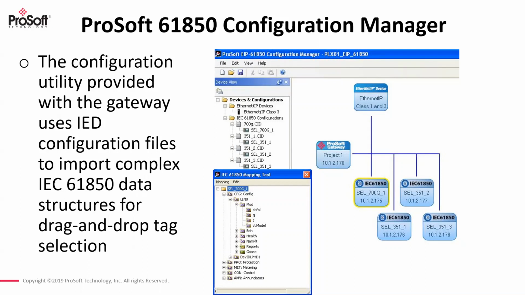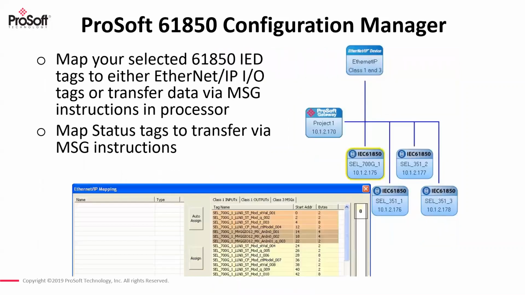If you think of it in regards to a Profibus network, these configuration files are similar to GSD files. And so these files provide the ability to tell a configuration software such as our configuration manager exactly what data is available in that device, and then it allows you to map that information in a drag and drop type environment. And so essentially we can grab information from a device, here shown as a Schweitzer SEL-700G, and map information from that device.